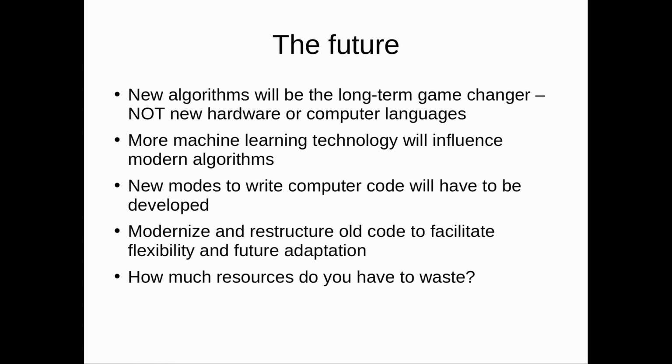We in my group have recently used it to find new ways to optimize molecular structures. Also, I think that we will have to look for technology that allows us to write computer code in a way that is much faster than today.